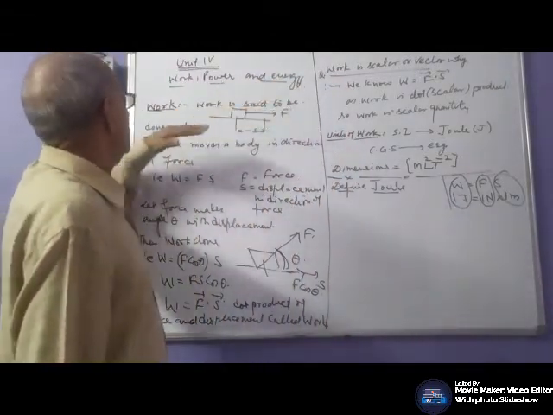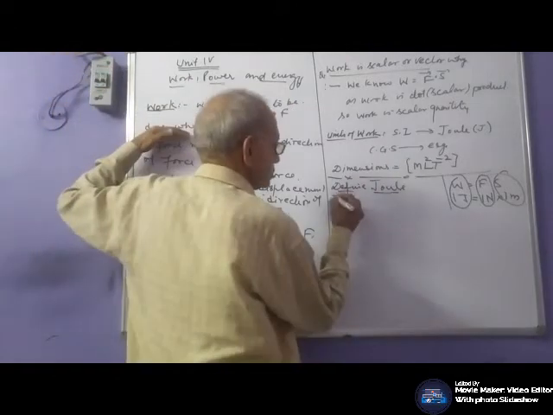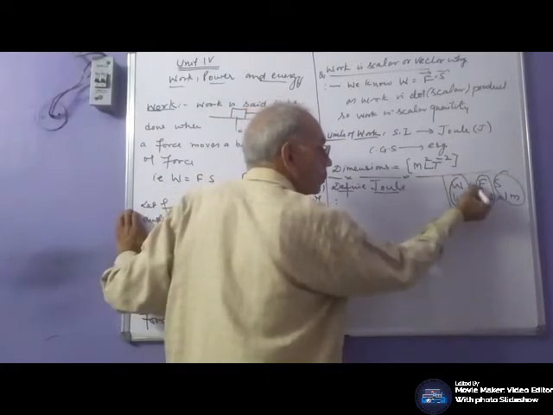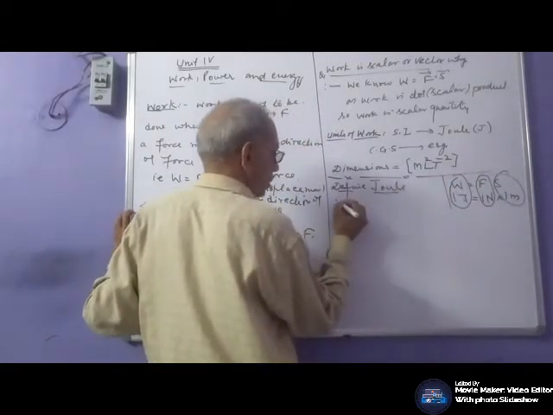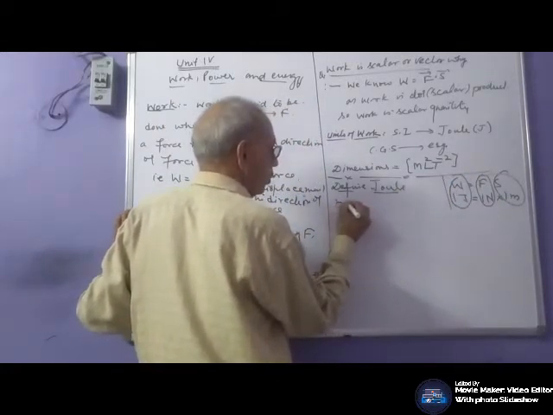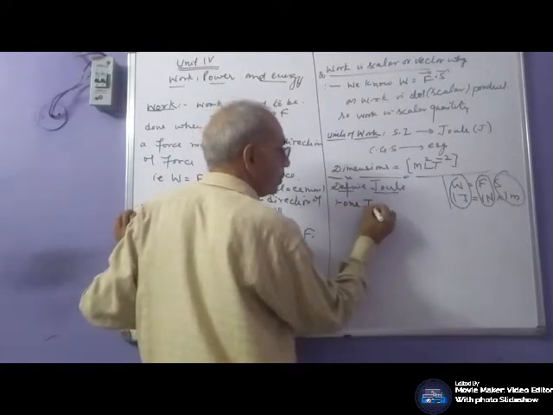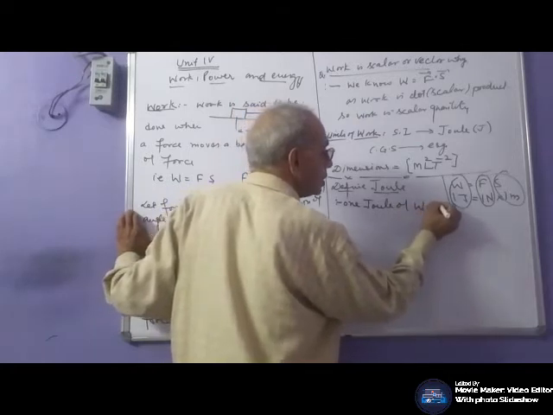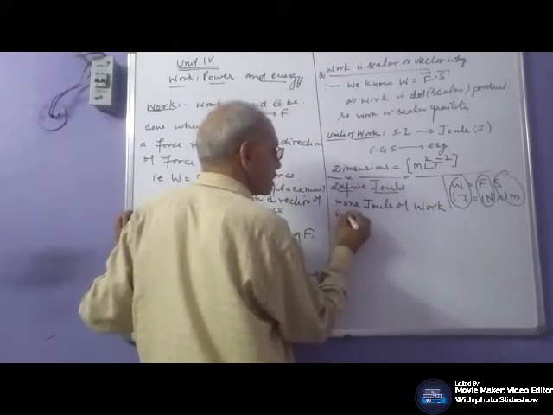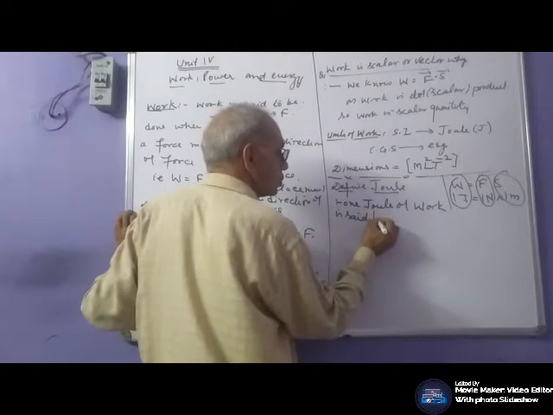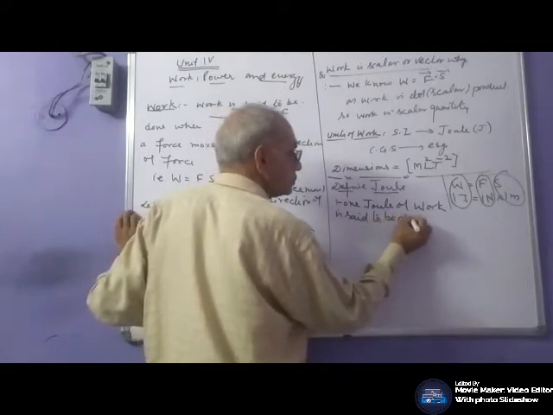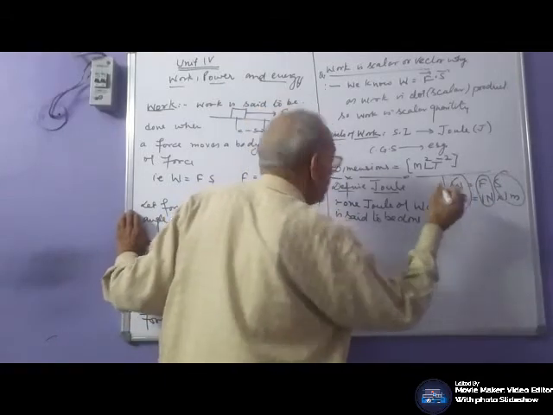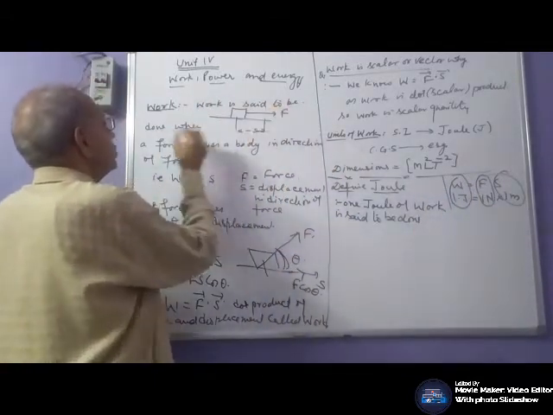Work is said to be done. Here, 1 joule of work is said to be done. What is this? 1 joule. Work is said to be done here.